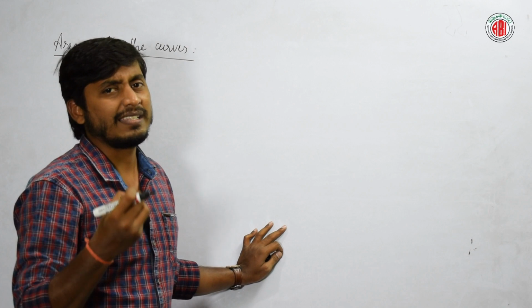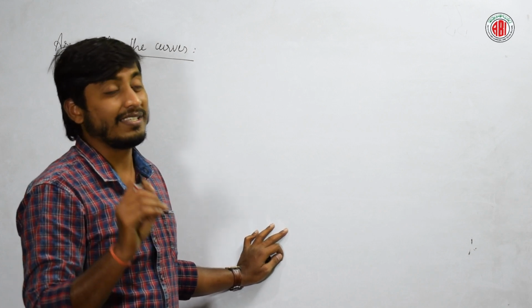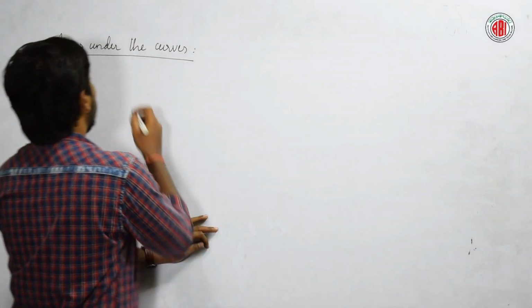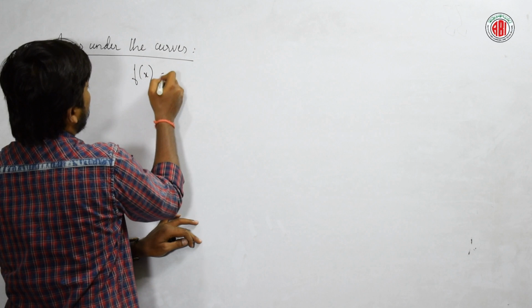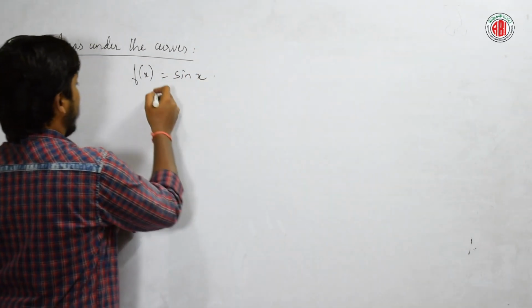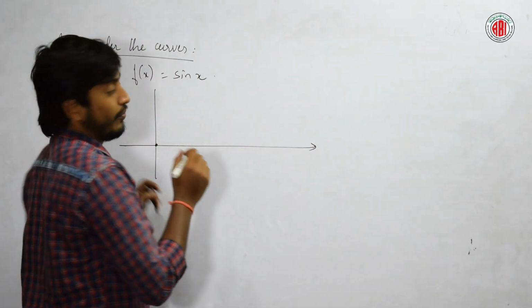So let us find the area of a few popular functions. Let us find the area of a sine function first. So just tell me, how does a sine look? Sine 0 is 0, right?